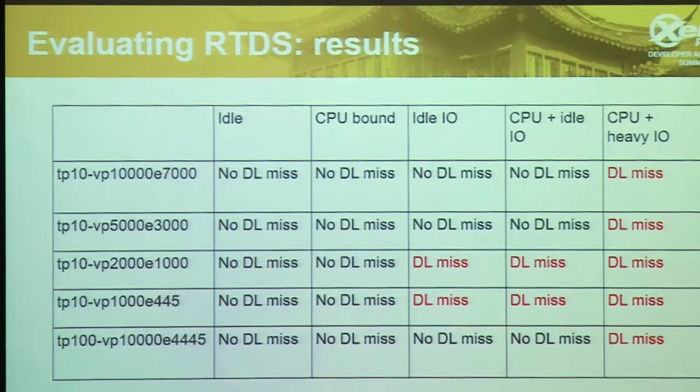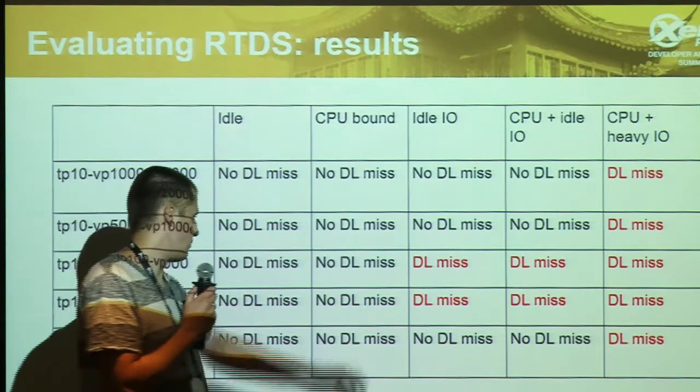So what do we have here? Okay, the current situation is something like this. When we have idle I/O with CPU-bound load, we do not face deadline misses in the RT domain, but once we start some I/O activities in application domains, we face deadline misses.